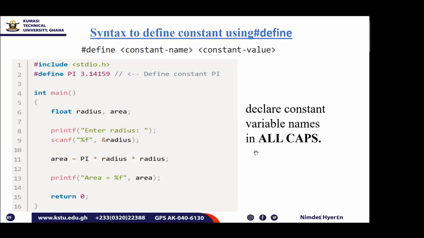So in this case, you would see that after the #include stdio, you have #define PI 3.14159. And so at this point, anywhere within the code where the constant will be used, it will just go straight ahead to pick the literal.